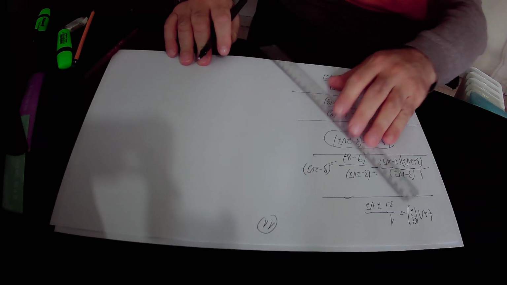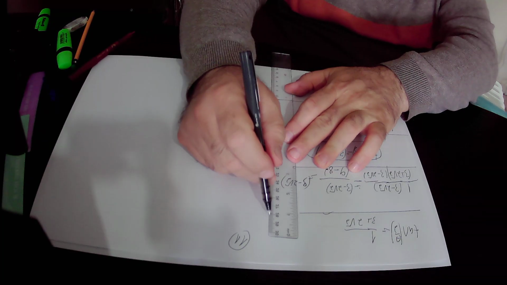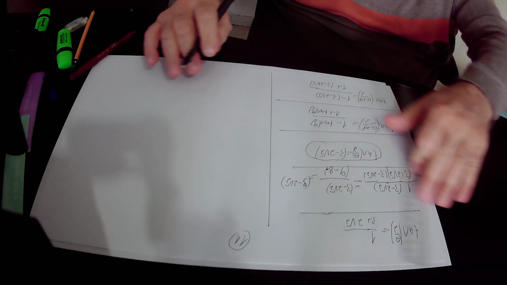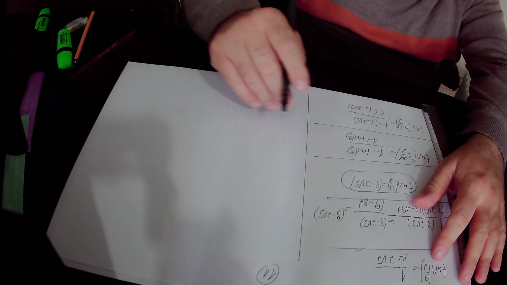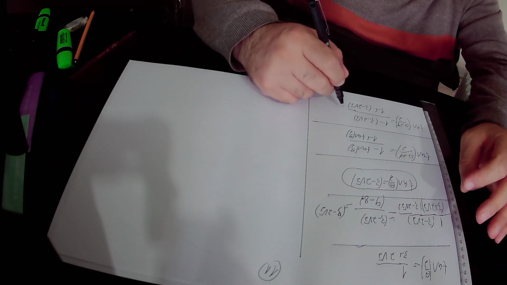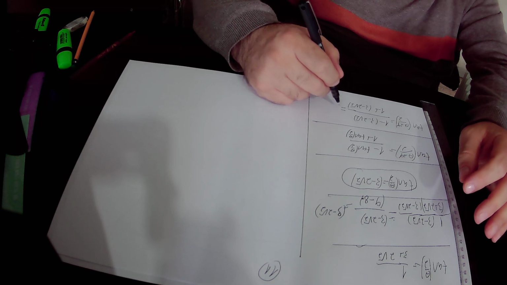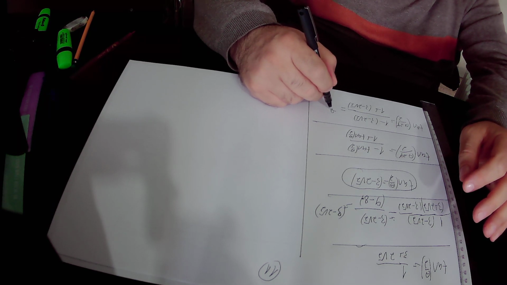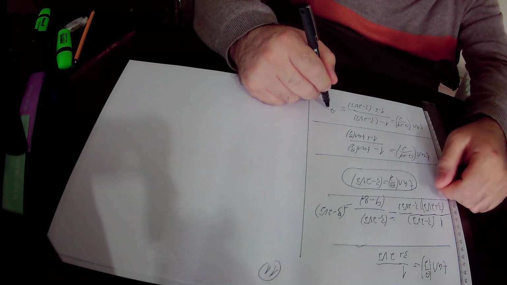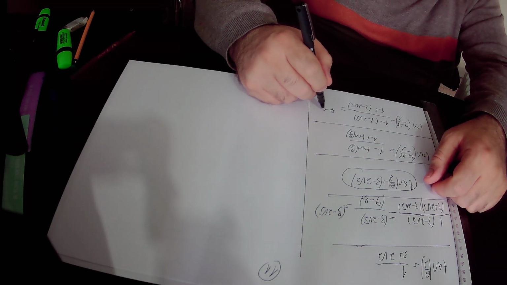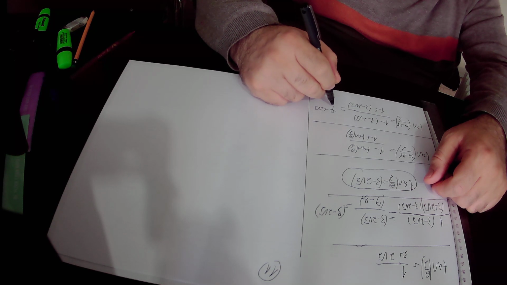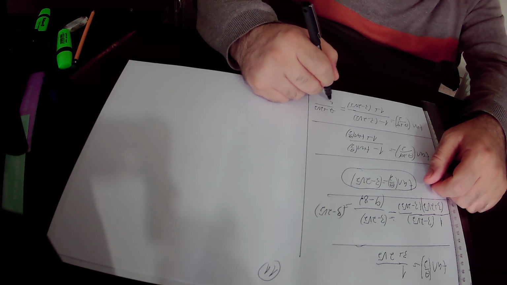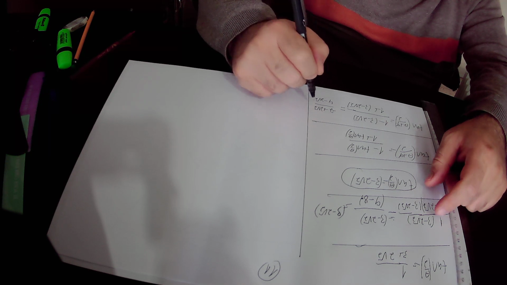So we found out that tangent theta plus alpha over 2 equals 1 minus 3, which is minus 2, and minus and minus is plus, so plus 2 times square root of 2, over 1 plus 3, which is 4, minus 2 times square root of 2.